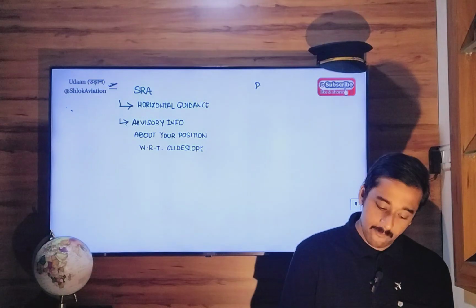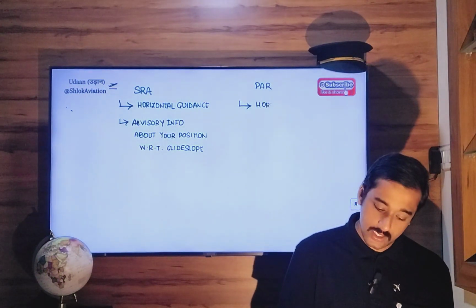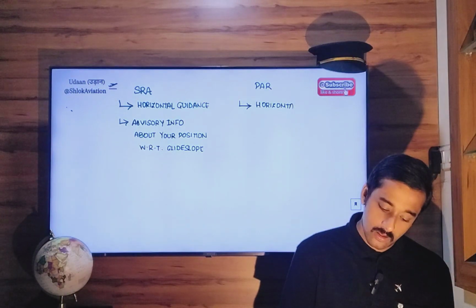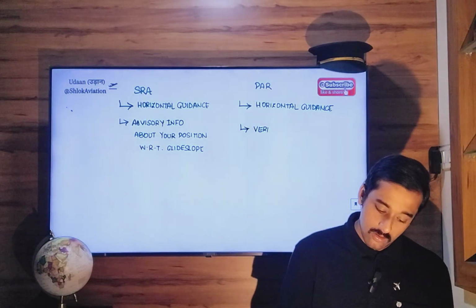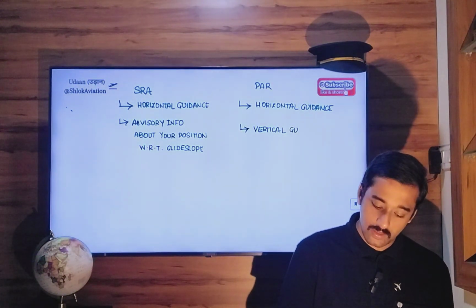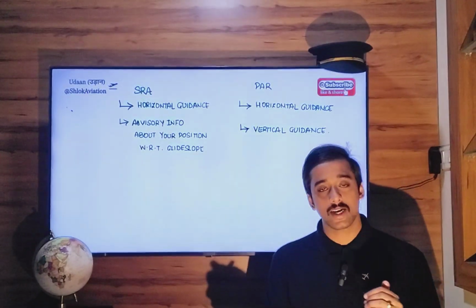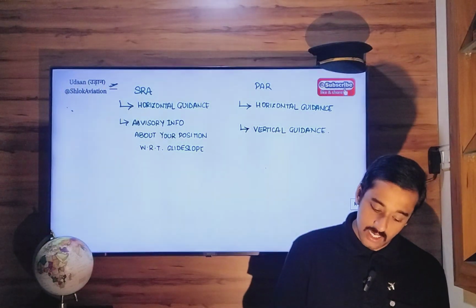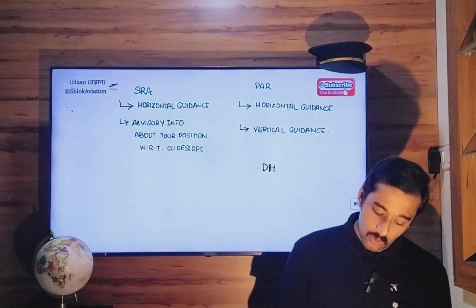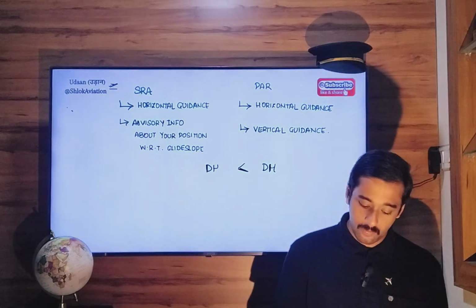In case of precision approach radar, you will be getting both horizontal guidance and vertical guidance. Okay, so precision approach radar is more precise than a surveillance radar approach, and therefore the decision height in case of precision approach radar will be lower than the decision height for a surveillance radar approach.